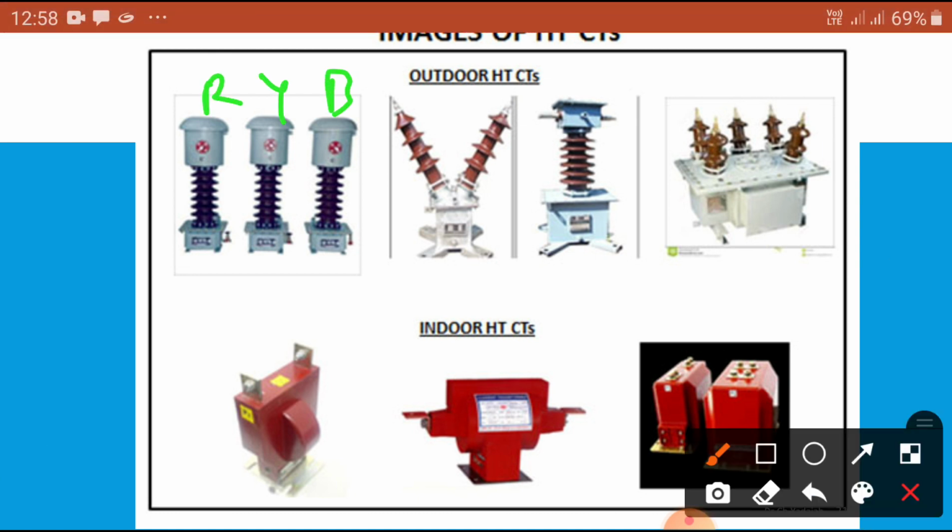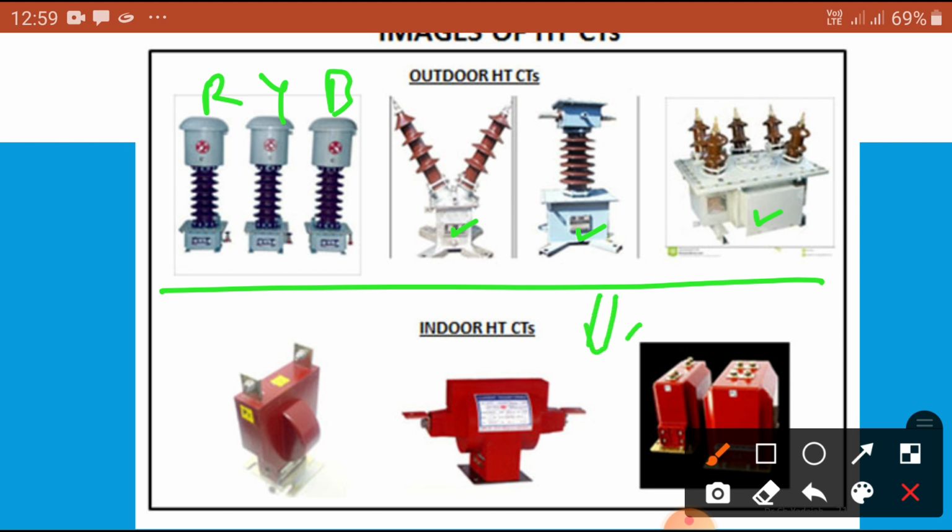This is another type of outdoor CT for high voltage purposes. For indoor use, these are the different available CTs in our electrical field.